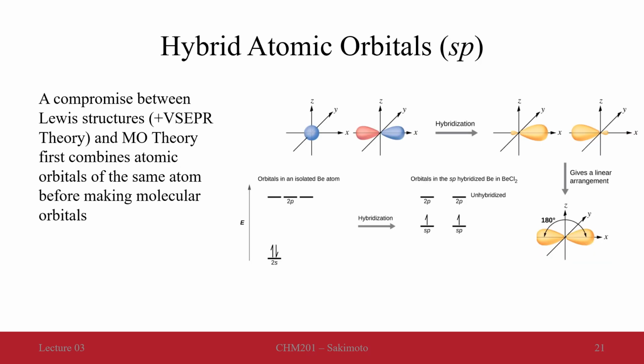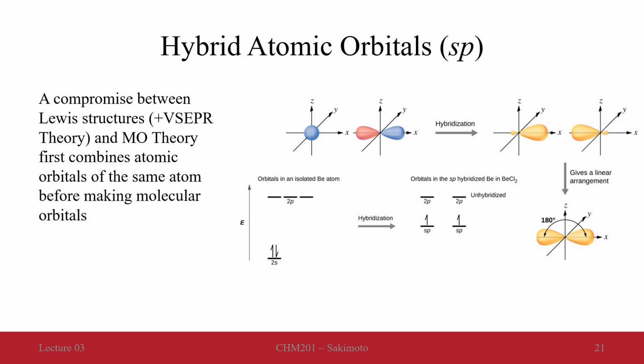A compromise between the Lewis structure plus VSEPR theory, valence shell electron pair repulsion, that we have been using, and molecular orbital theory is what we would call hybrid atomic orbitals. This takes the first result of MO theory that says that we can mix orbitals, not between different elements, but within the same atom.